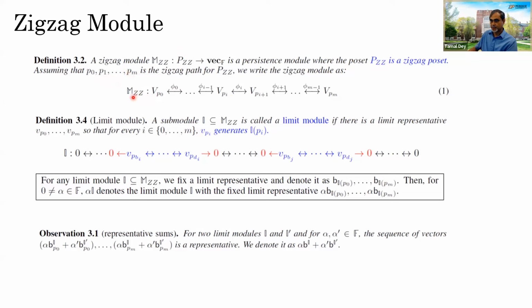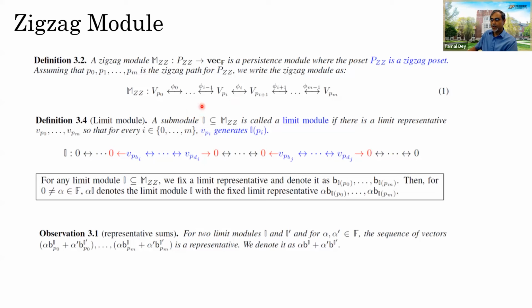Here I'm just showing a zigzag module MZZ whose vector spaces I'll denote as V_Pi, and the internal maps are phi_i, which go from V_Pi to V_Pi+1 or from V_Pi+1 to V_Pi, depending on which direction the arrow goes. So that's the zigzag module.